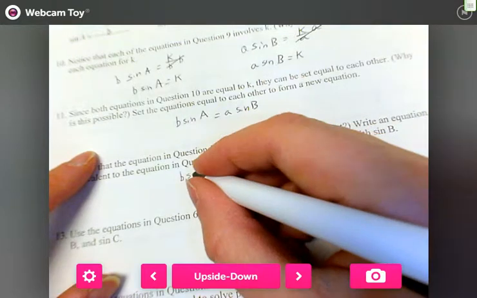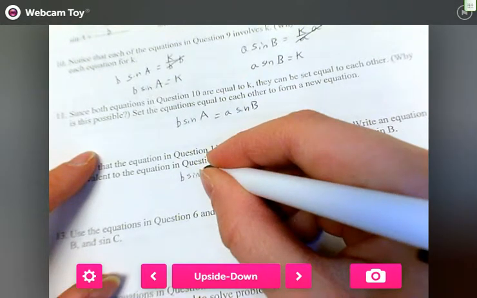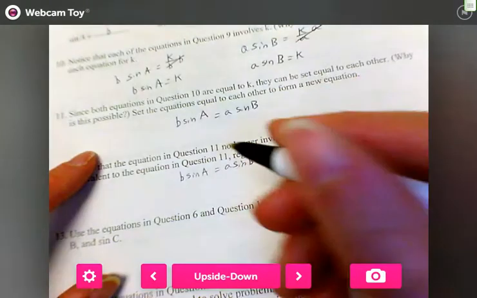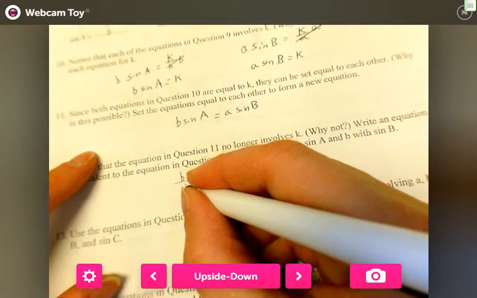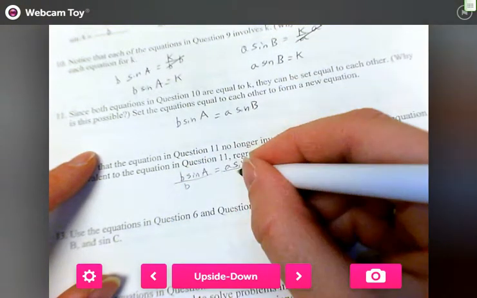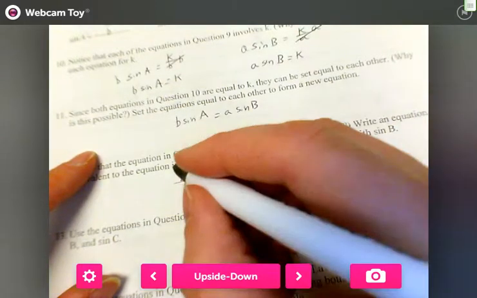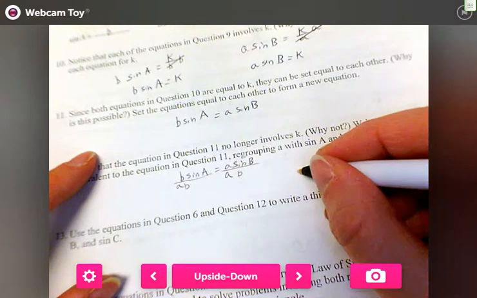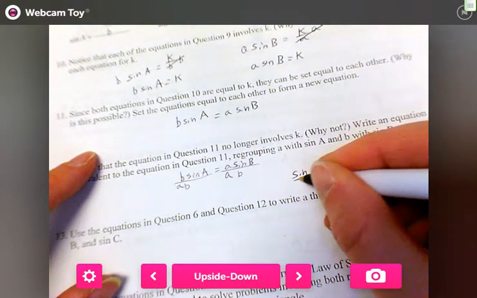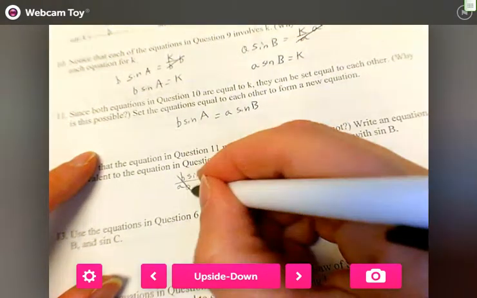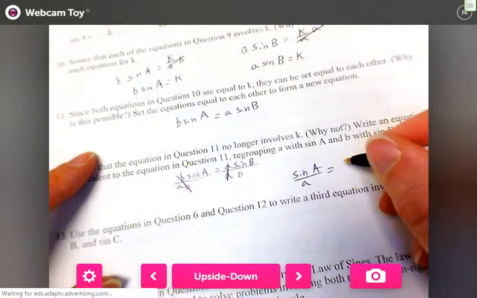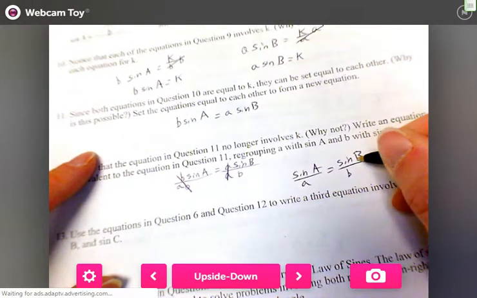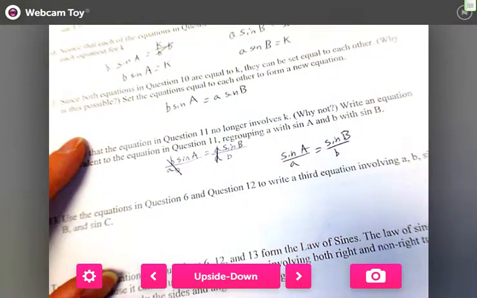Little b sine A equals little a sine B. And I'm just going to divide this side by b, this side by b, this side by a, this side by a. And I'm left with sine A over little a, because these cancel and these cancel, equals sine B over little b. So far, so good?